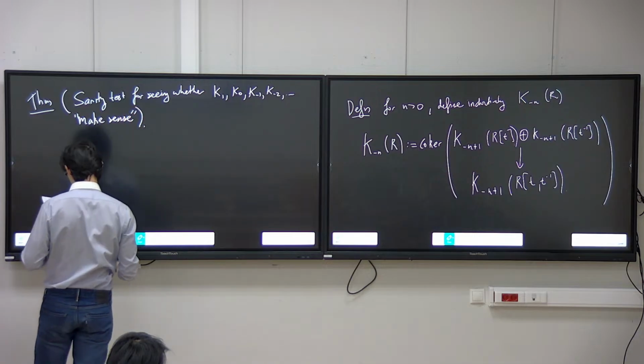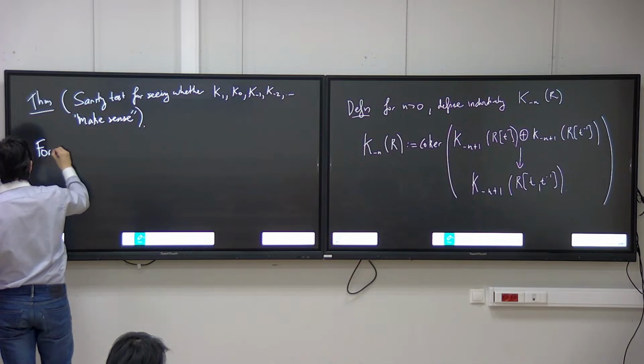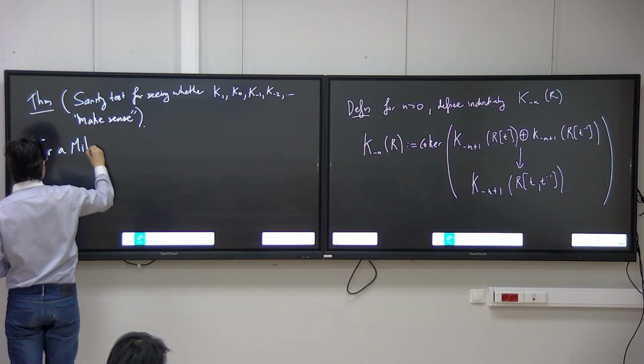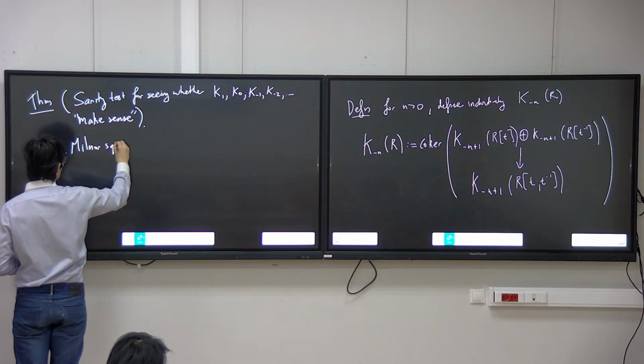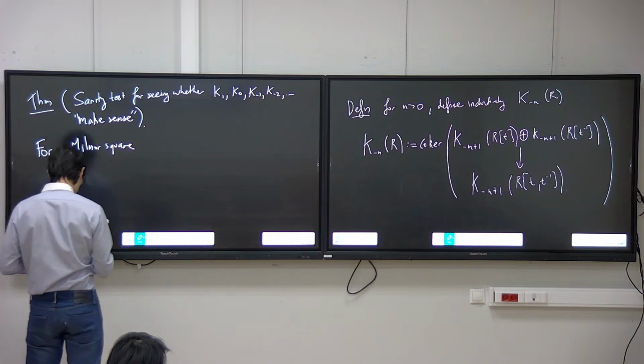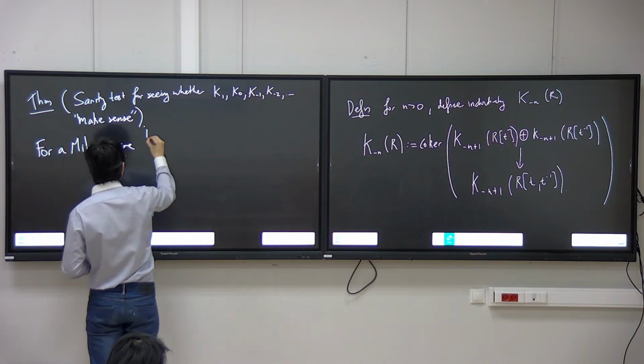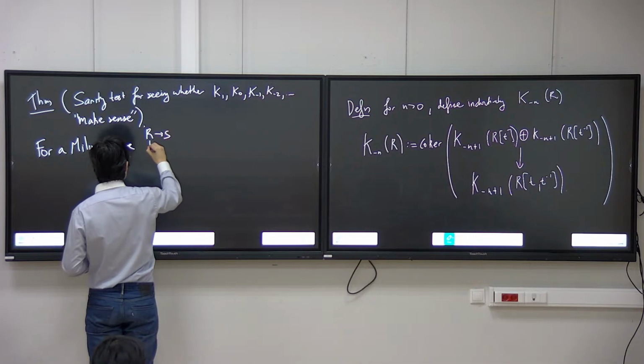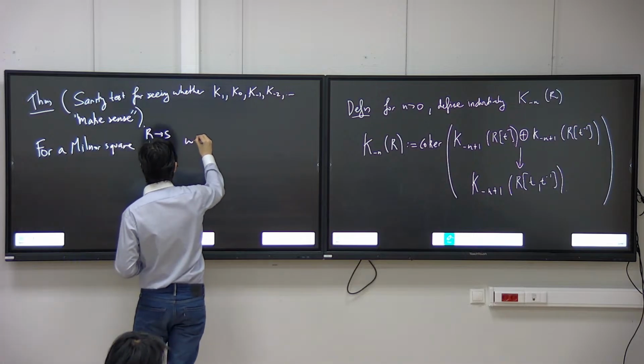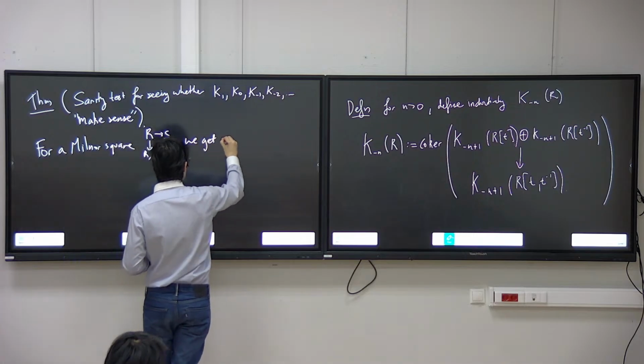At least this is what was historically thought to make sense. So for a Milnor square R, S, R over I, S over I, we get a long exact sequence.